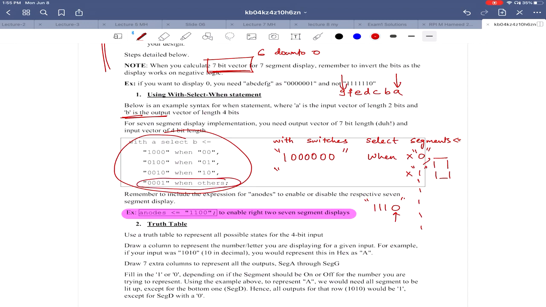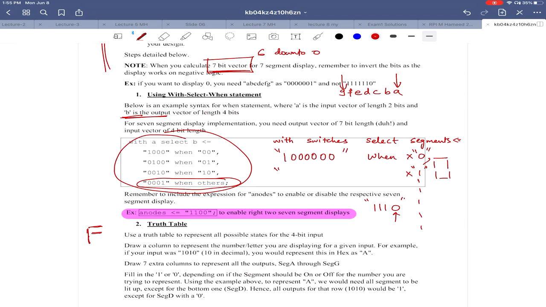At the end, you will need a when others. So that would be for 1111, that's 0, 1, 2, 3. So that's F, right?